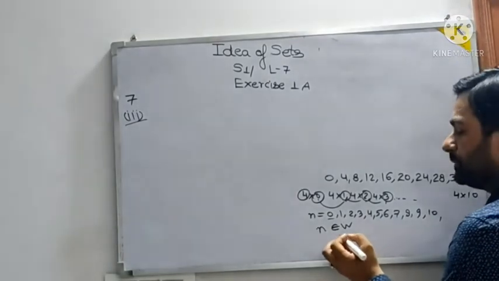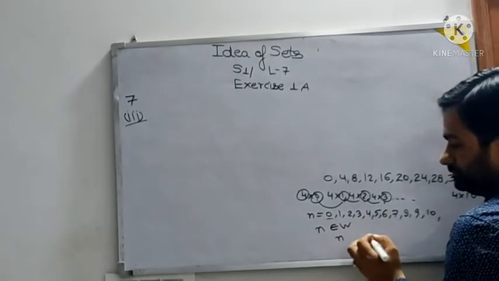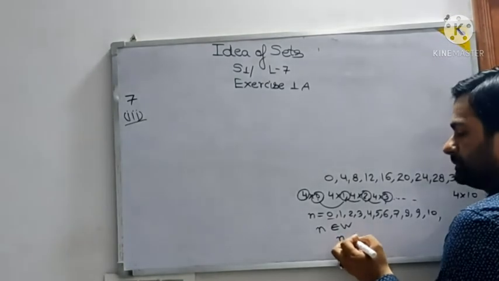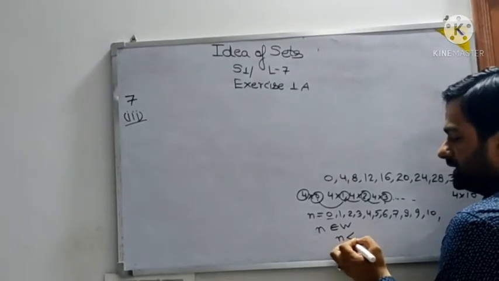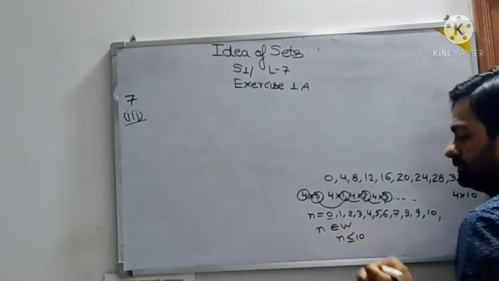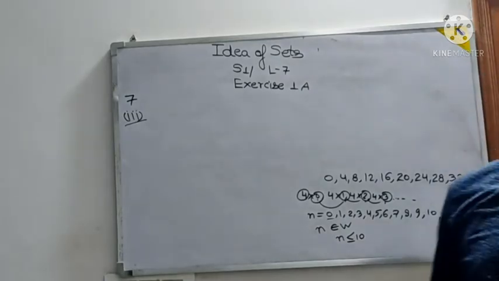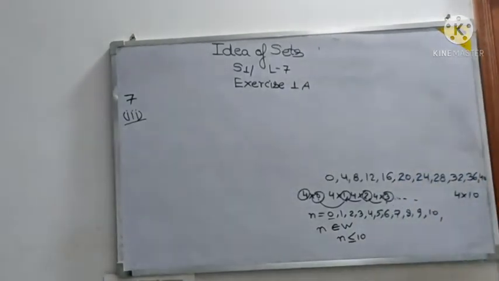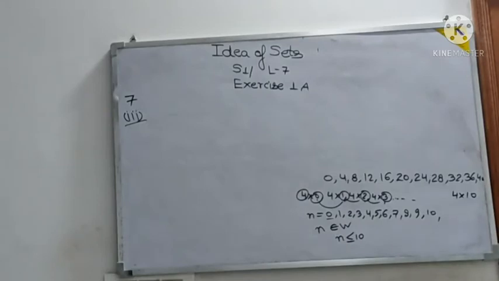Now what will the limit of n be? n should be less than or equal to 10. You need not tell the lower limit because n is a whole number, it should always start from 0 only. Yes or no?